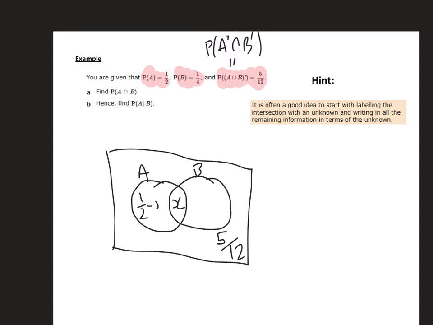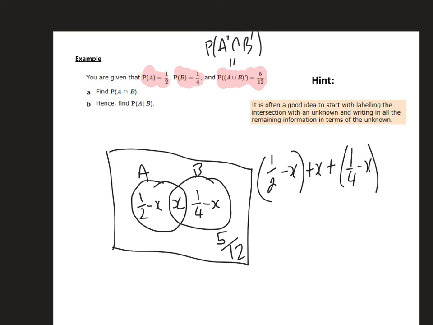So therefore, if that's x, A would be a half minus x, and B would be a quarter minus x. And I know that everything adds up to 1, so a half minus x, add x, add a quarter minus x, add 5/12 adds up to 1.